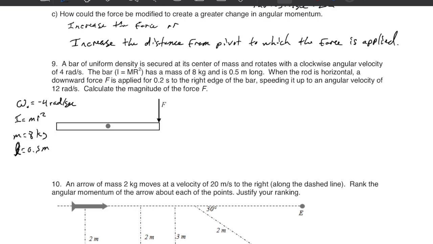Then we've got a time of 0.2 seconds, and the final angular velocity is 12 radians per second. We're going to calculate the magnitude of that force. Well, from the previous problem, we said that torque times time is equal to a change in angular momentum. It seems like a pretty good formula for this based on what we have.